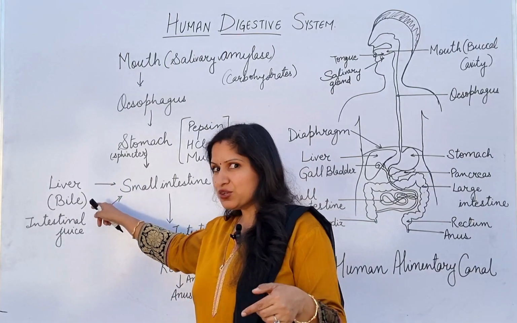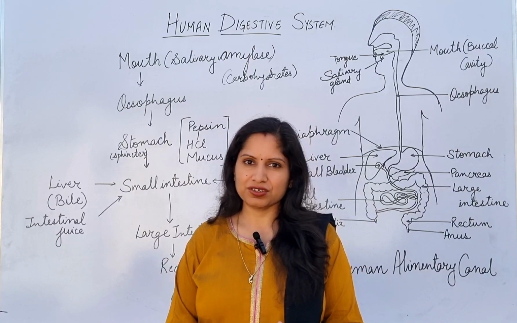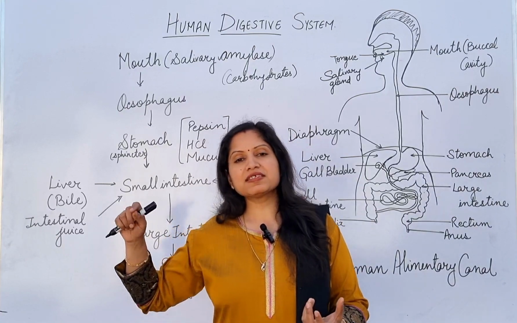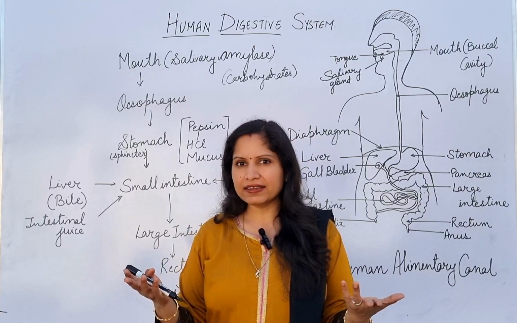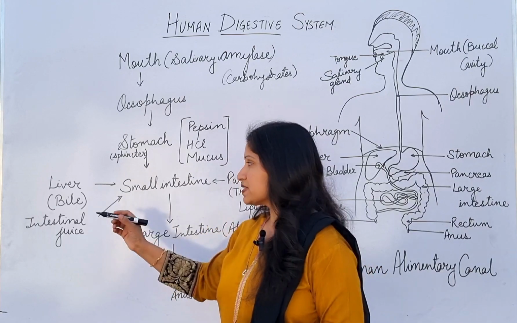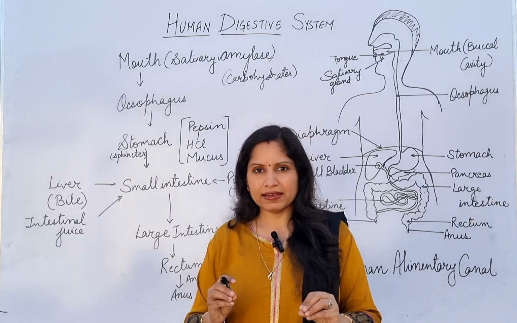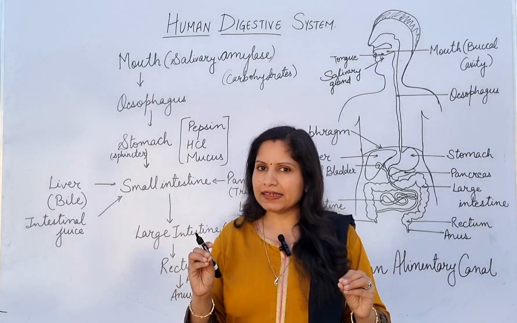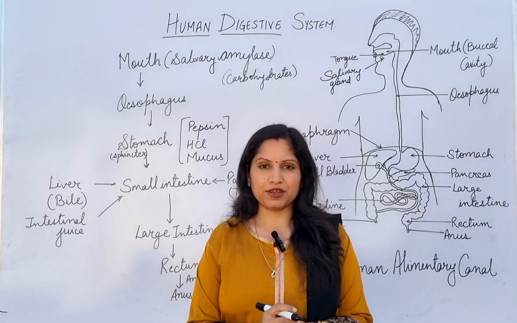The liver produces bile, and that bile is alkaline in nature. So that bile juice makes all the food alkaline, and so now the pancreatic enzymes can act on it. So one function of this bile is making the medium alkaline, preparing it for the functioning of pancreatic enzymes.